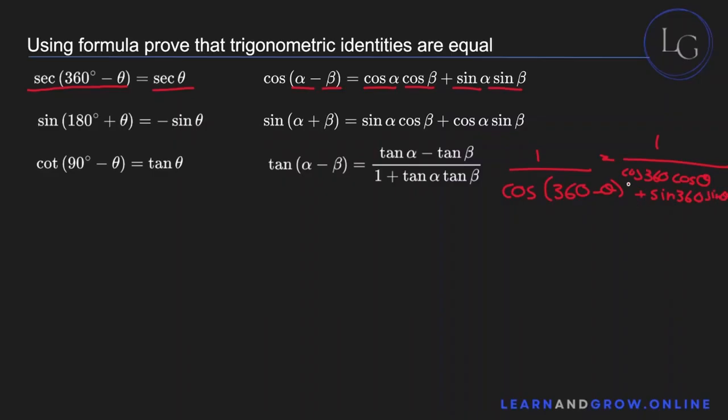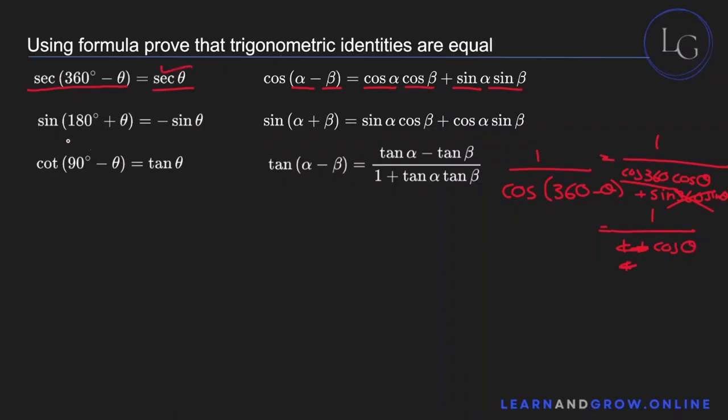Okay, so again, cos 360 is equal to positive 1, right? So this becomes 1 over, sorry, no, not 1 multiplied by cos theta, so that becomes cos theta plus sine 360 is equal to 0, so you can cancel this entire term out. So eventually you're just left with 1 over cos theta, which is secant theta, and that's what you have here.